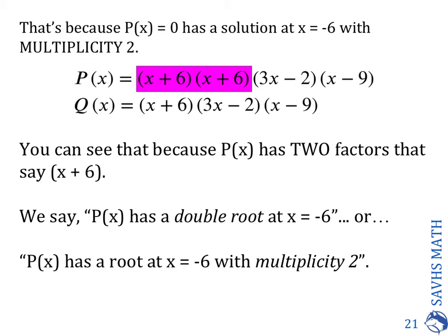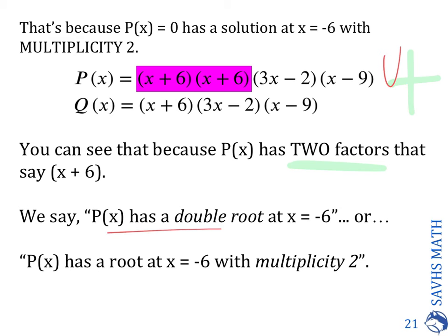What that means is, first of all, you can see that because it has two factors that say x plus 6, and you can see that on the graph where it bounces but doesn't cross. I should draw that better, like that. So there are two ways of describing this, and I know that this is maybe not the most important thing, but I just want you to see it and hear the words.